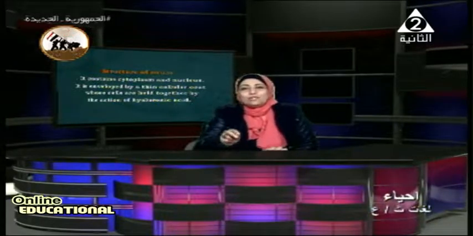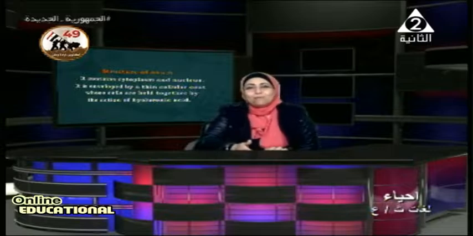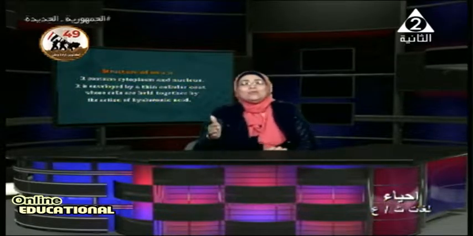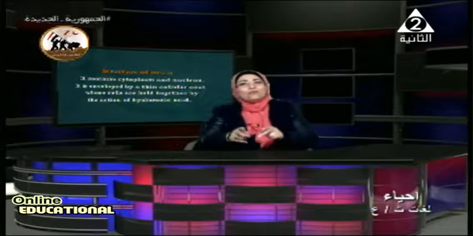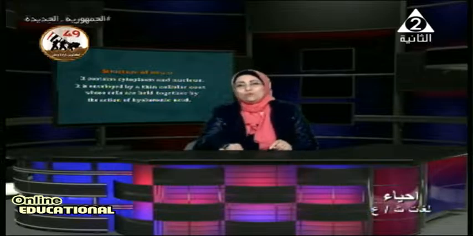If they fuse together to form the baby, 23 chromosomes from the ovum combine with 23 from the sperm to produce the baby, which contains 46 chromosomes.